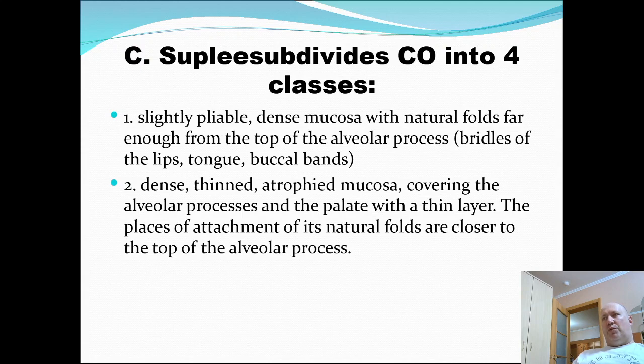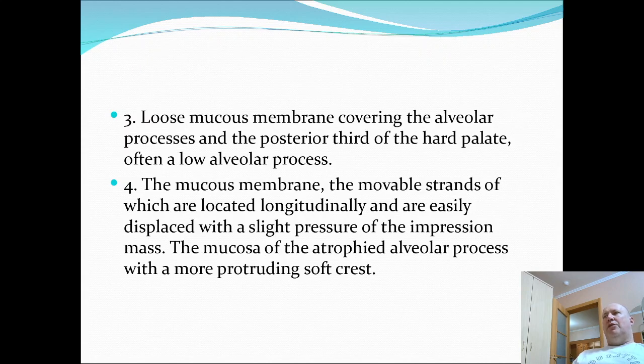The third one is a loose mucosal membrane covering the alveolar process and the posterior third of the hard palate, or often a low alveolar process. And the fourth one, the mucosal membrane, the movable strands of which are located longitudinally and are easily displaced with a slight pressure on the impression mass. The mucosa of the atrophied alveolar process with a more protruding soft crest.